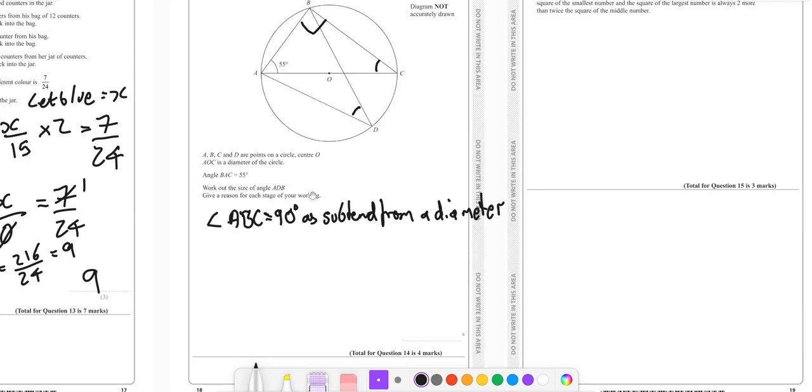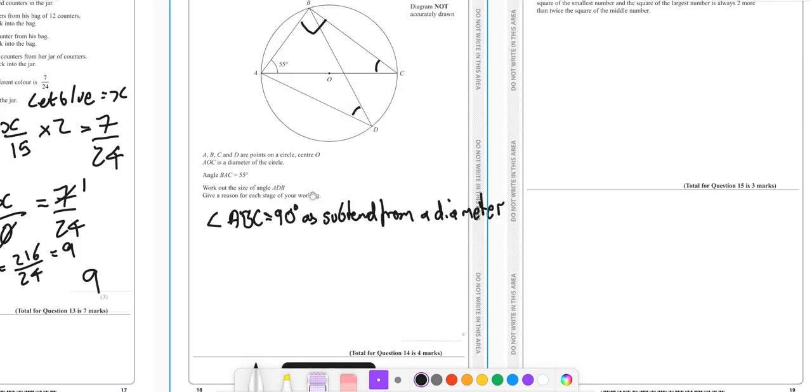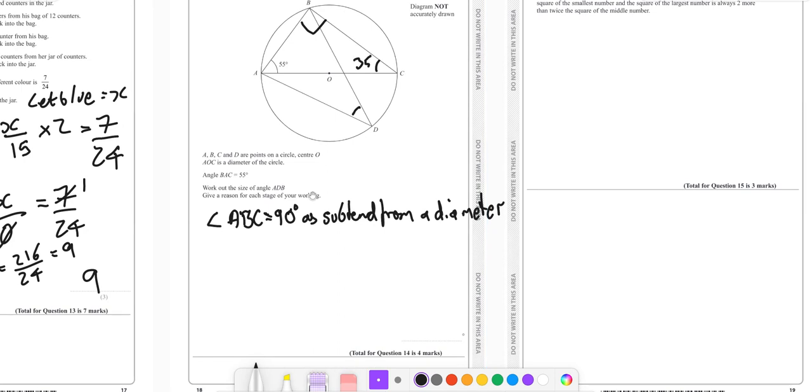And then that means that this one, because we've got a triangle, is going to be 35, so angle BCA equals 35 degrees, and that's because angles in a triangle add up to 180.